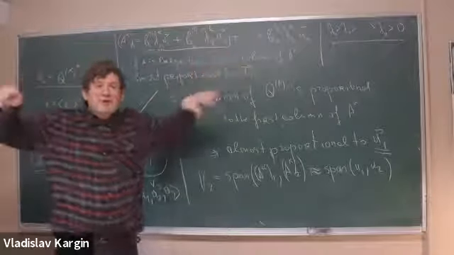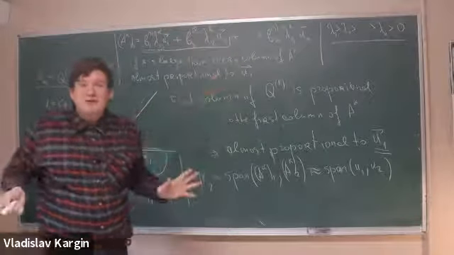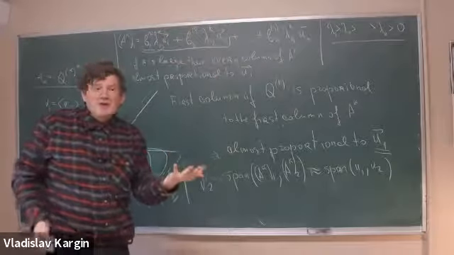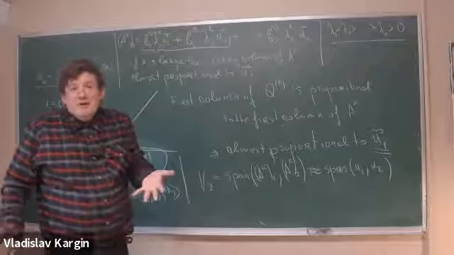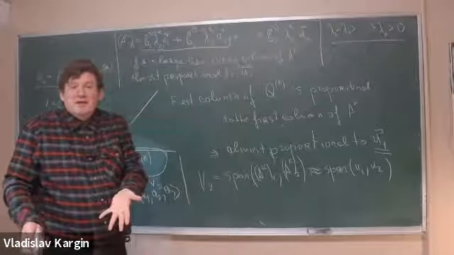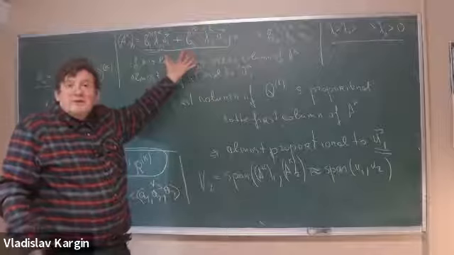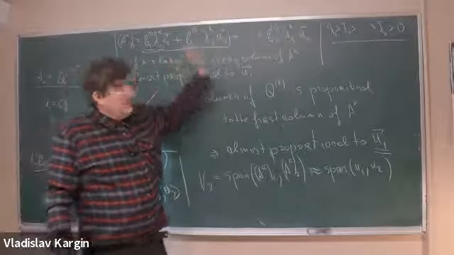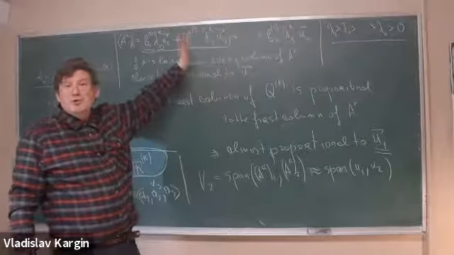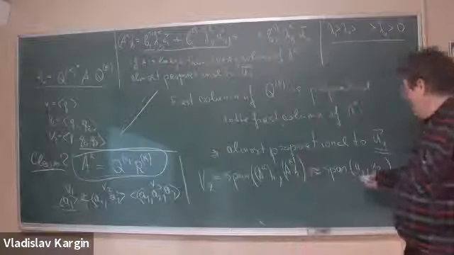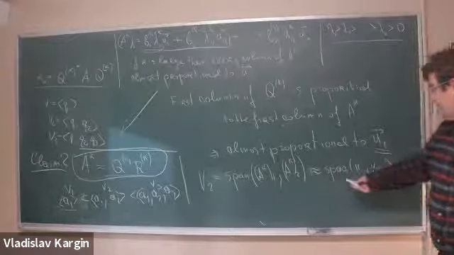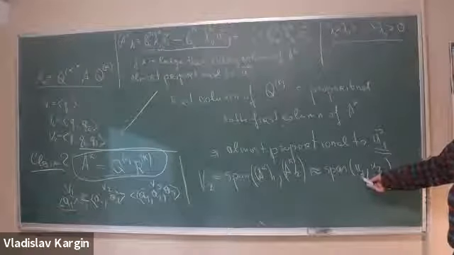At this moment I'm waving my hands a lot: one space is approximately equal to another space. I don't know how to say it exactly, but you can ignore everything else; these are the first important terms. So V2 is approximately equal to the span of U1 and U2.